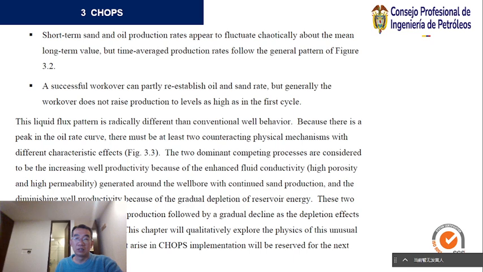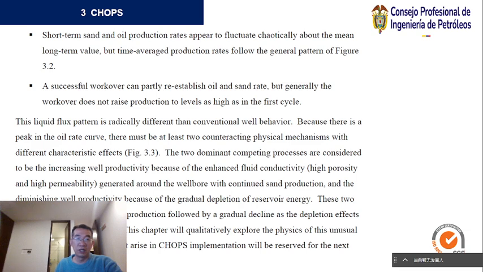The two dominant competing processes are considered to be increasing productivity because of the enhanced fluid conductivity generated around the wellbore with continuous sand production, and diminishing productivity because of the gradual depletion of reservoir energy.